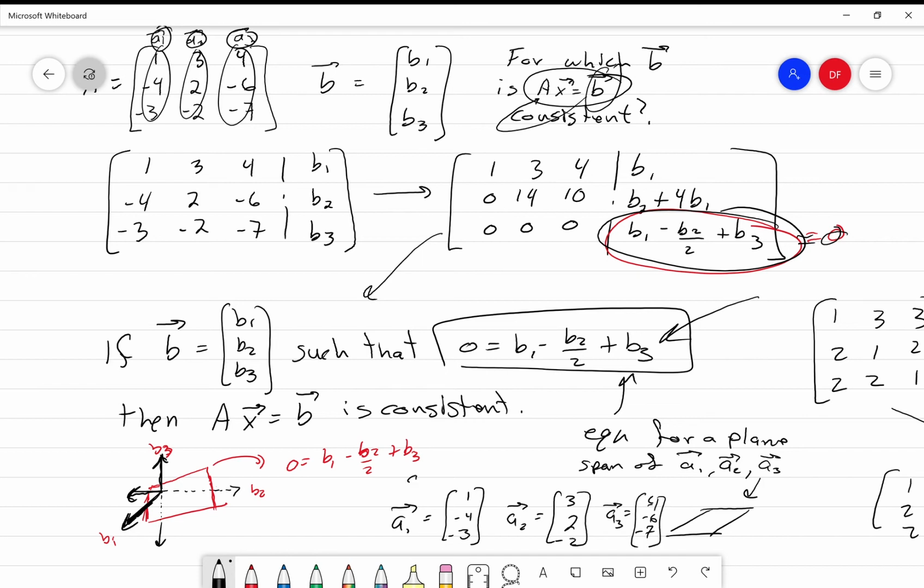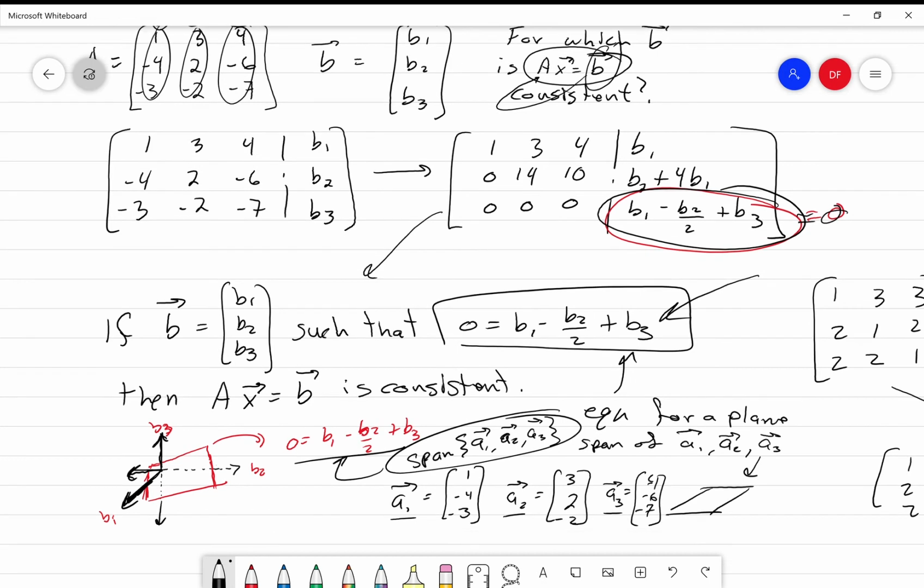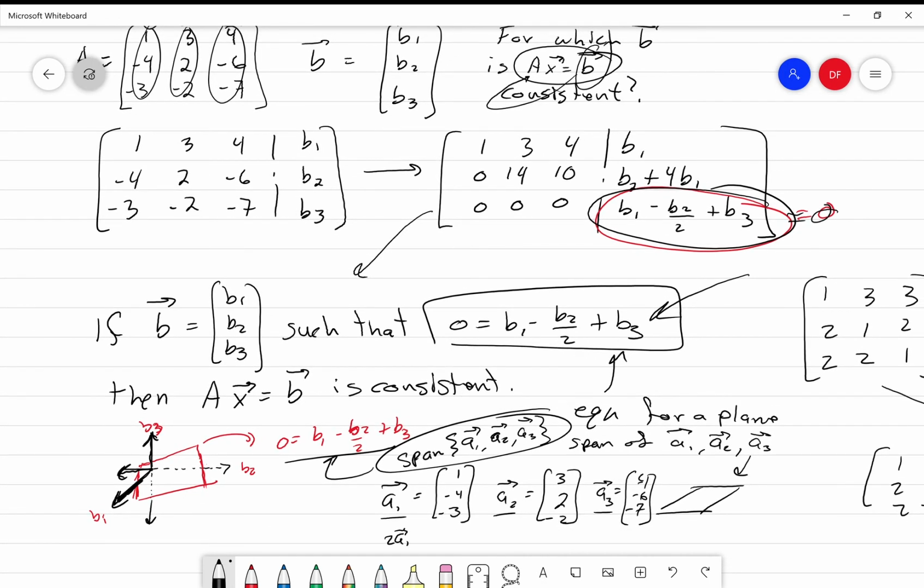Okay, the span of these three vectors, meaning the set of all linear combinations of these three vectors, is this plane right here, which means that no matter how I combine these three in a linear combination, for example, 2A1 minus A2 plus 3A3, I will get a vector B that is on this plane here.